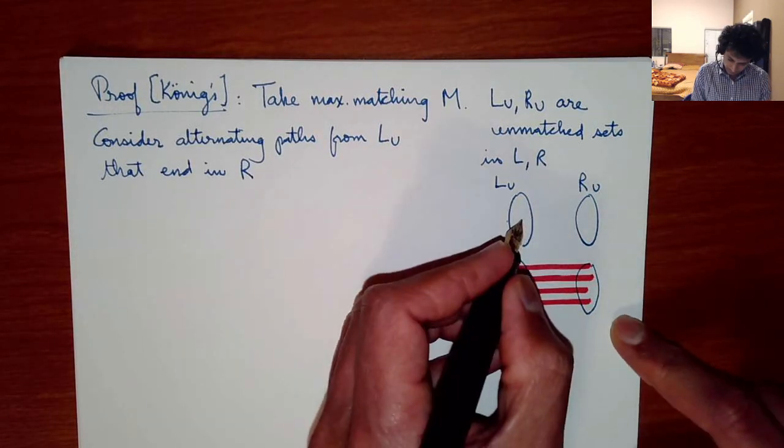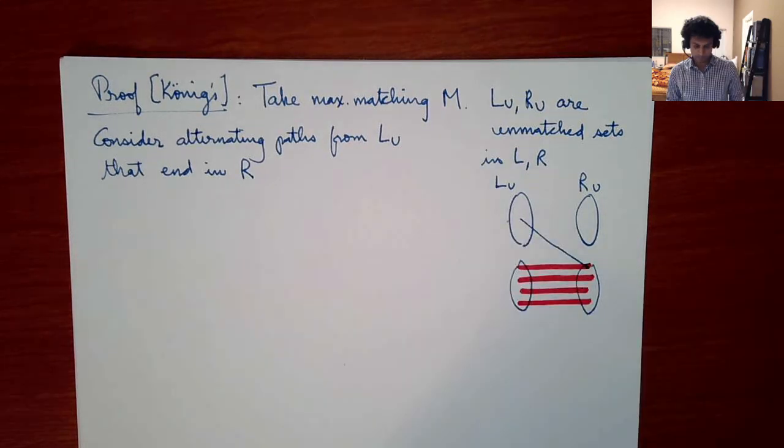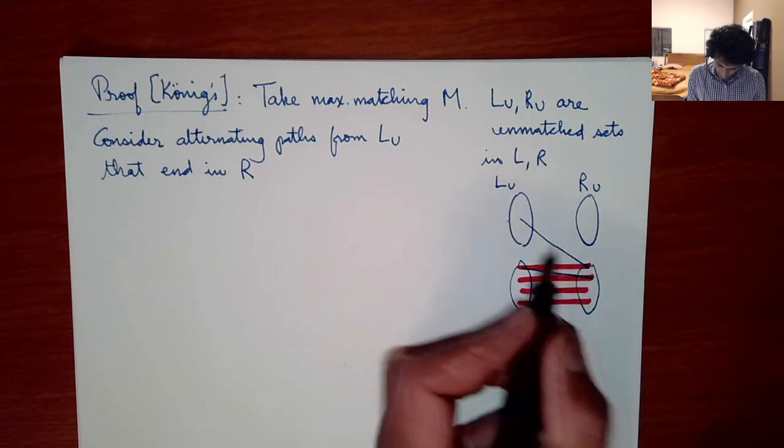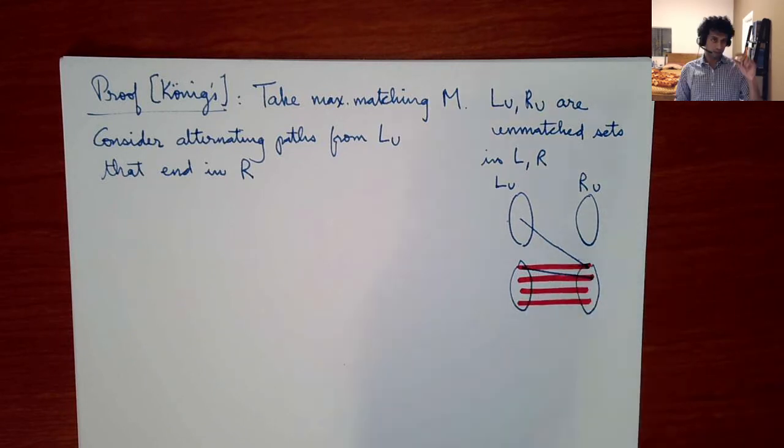So consider an alternating path that ends in R. For example, this one edge is an alternating path that ends in R. But you could imagine something like that, where this path over here is an alternating path that ends in R. So there are these two vertices that are endpoints.